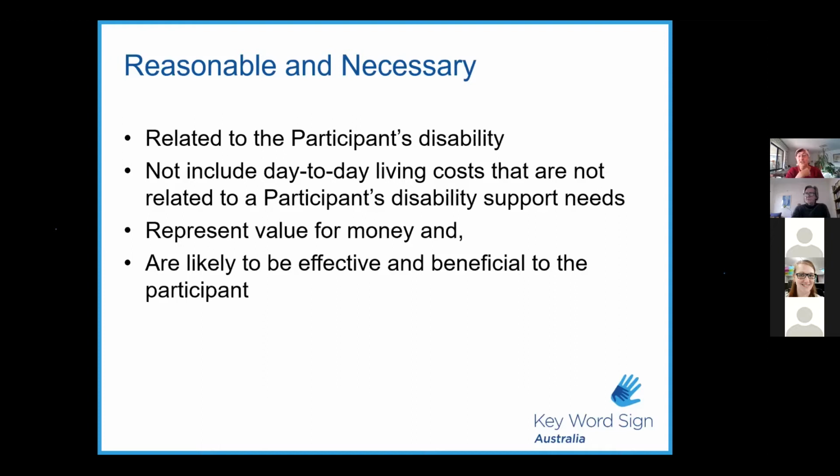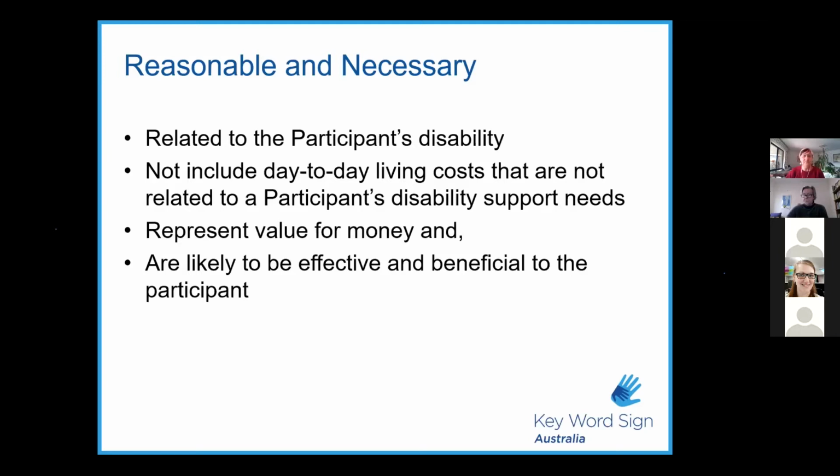It's important that they don't include day-to-day living costs. And I think there's no doubt that keyword sign supports are not related to day-to-day living costs, that they're only related to disability support needs, and that they represent value for money. Now, that's a difficult one to necessarily demonstrate, but the bottom line is that keyword sign supports are evidence-based, so there is research that has demonstrated that they are effective.